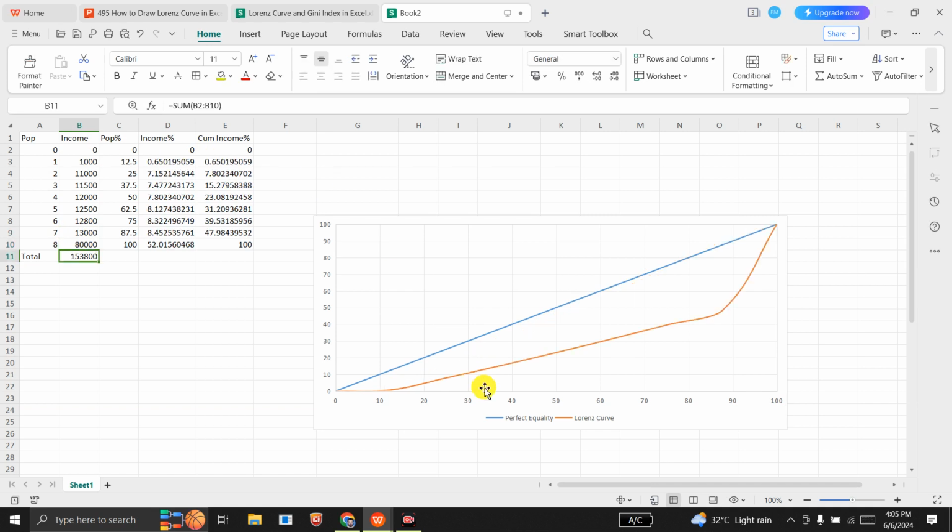Now you can see what happened to the Lorenz curve. So this is how we can draw Lorenz curve from data.